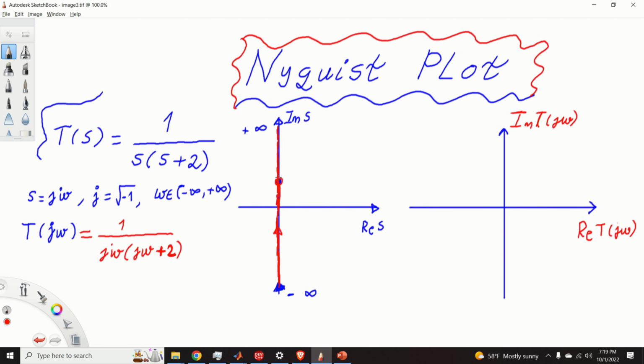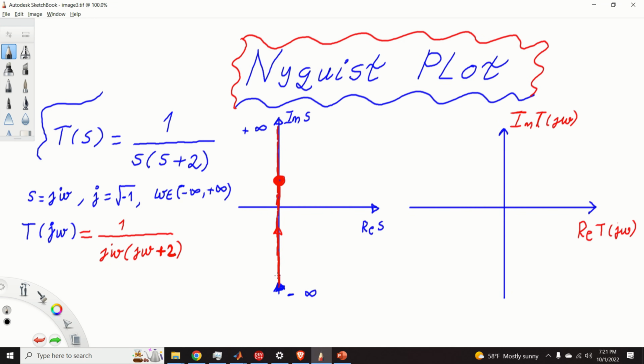So for any value of omega, we are basically mapping this complex plane into a point in another complex plane. So if I substitute omega equal to 1, I will obtain an expression over here. I can compute the real part and imaginary part of this complex number, and I can plot it over here.